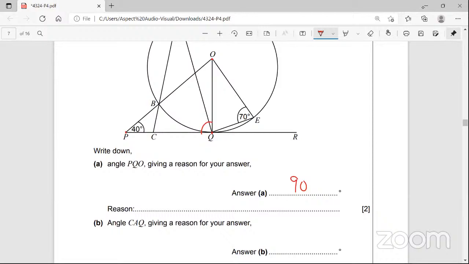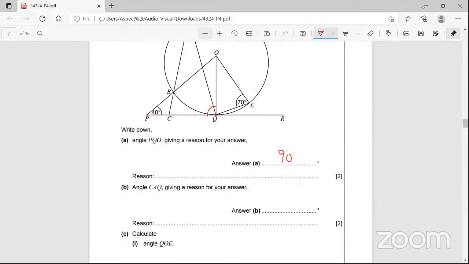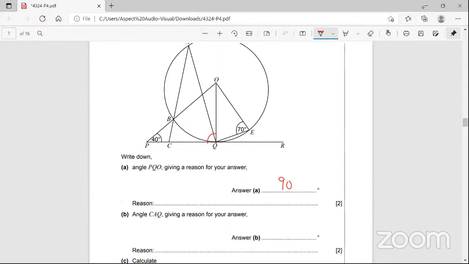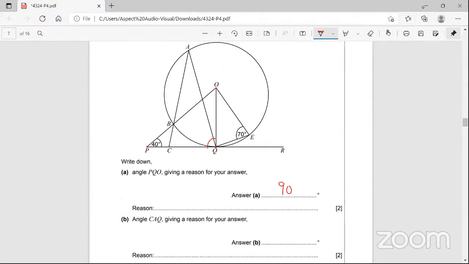Okay, why do we say it's 90 degrees? Because the angle comes between tangent line and not the center. It's between the tangent and what?